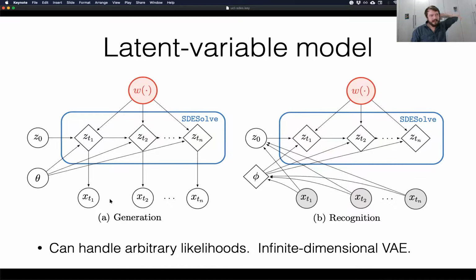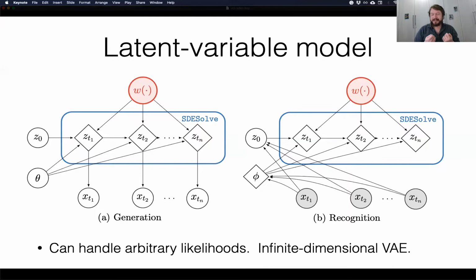This is the thing I've been talking about the whole time. This is just like the latent ODE model, except now this is an SDE solver. Then we have to have an approximate posterior over our functions. We can quickly estimate that with some recognition network that, again, looks at all the data and outputs the parameters of an SDE.